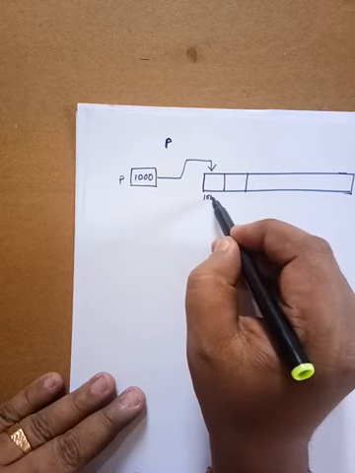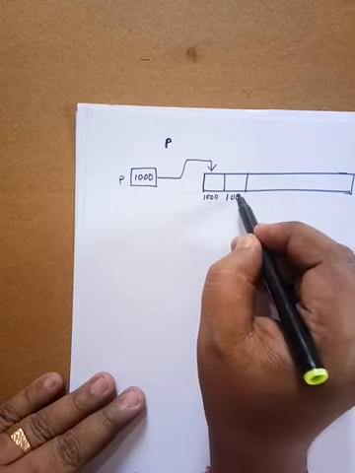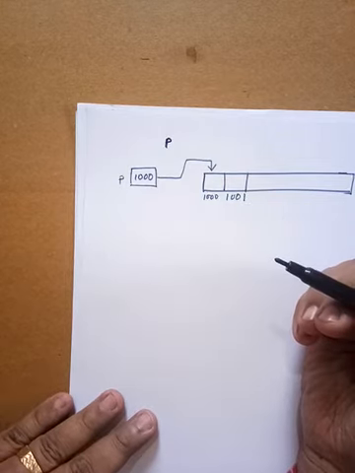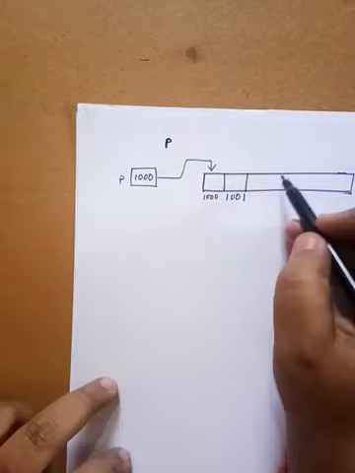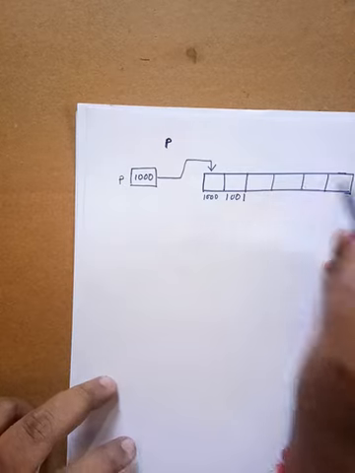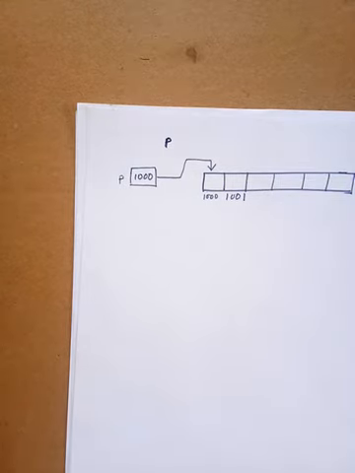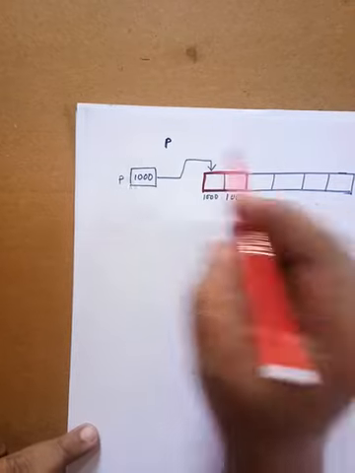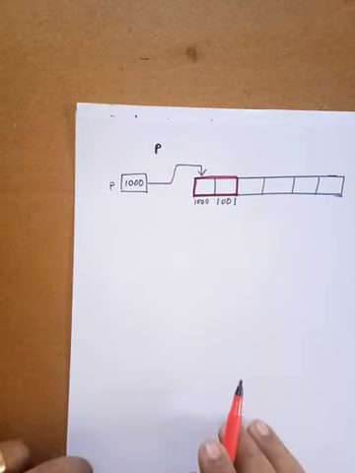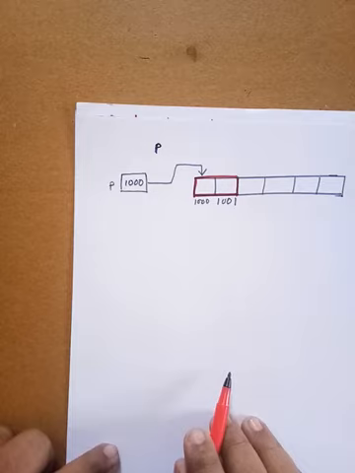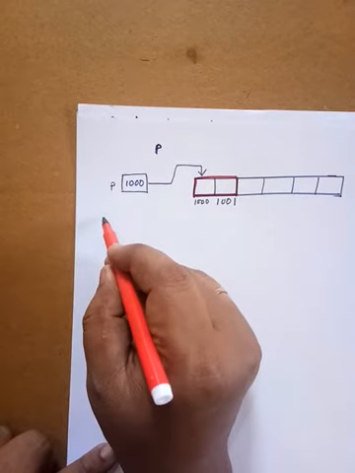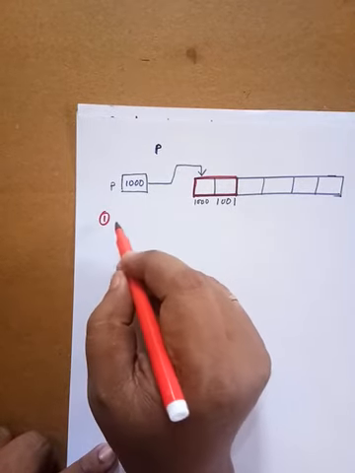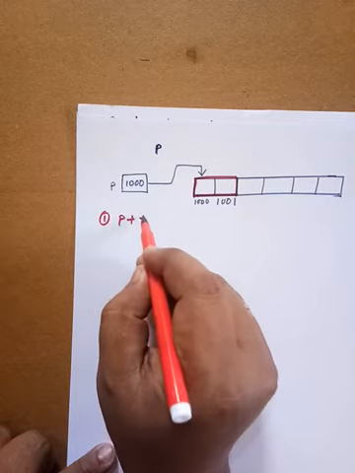So this is address location 1000, this is 1001, and there may be a number of different addresses, but it will be reserved for these 2 bytes. It will point to this memory location. Now we will take one example. Suppose the first example is p plus plus.